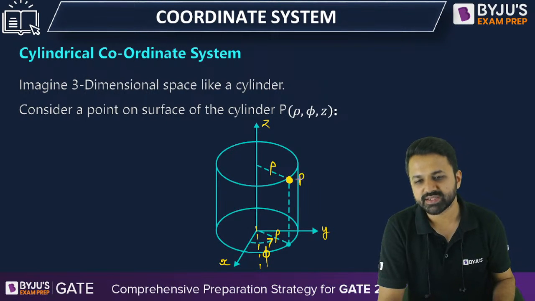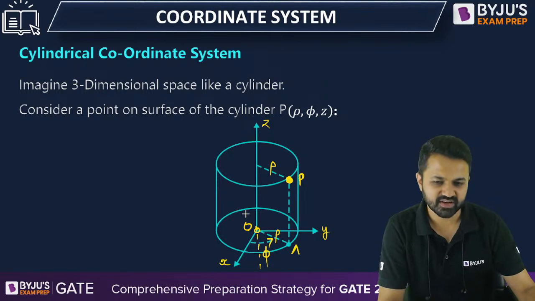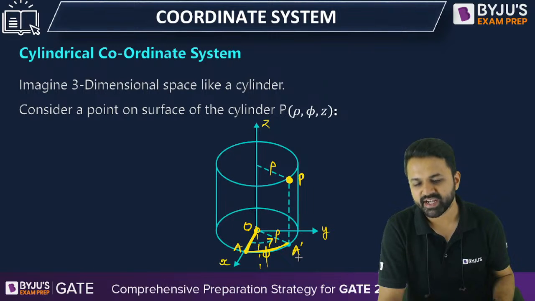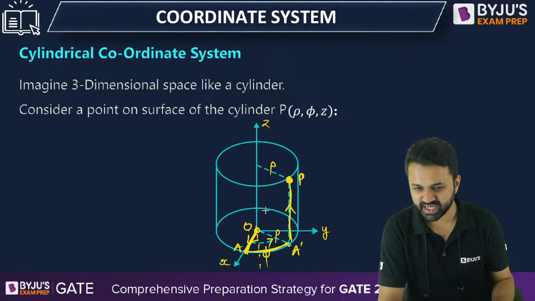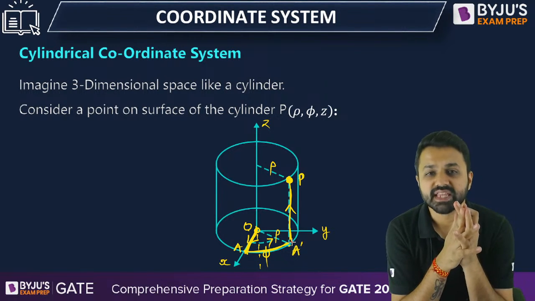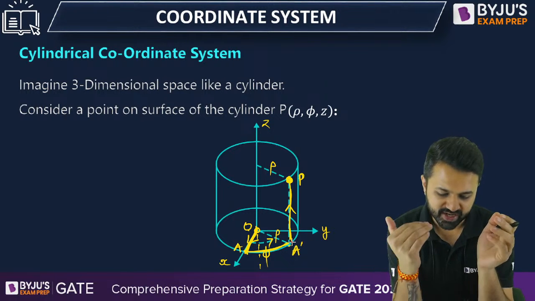So to reach this point P, we are moving from O to A. That means we move along this radius, and then we move through the angle phi, so we have reached this point A dash, and after A dash I reach the point P. So I am moving from O to A to A dash, and A dash to P. That means I am moving in three different directions with three different magnitudes, that is rho, phi, and z.